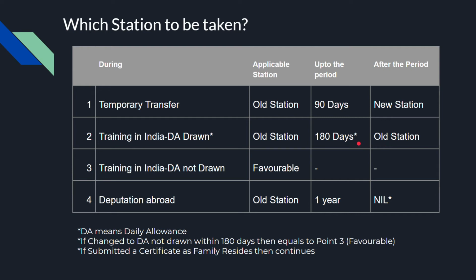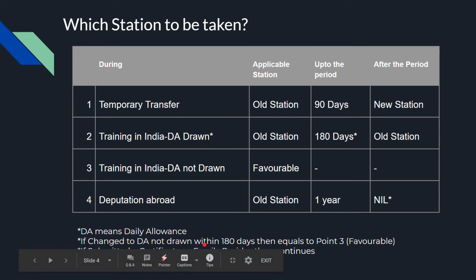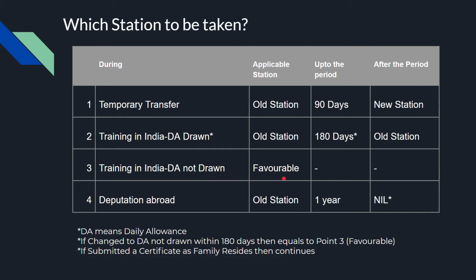But if within 180 days the DA is withdrawn, which means he is not getting DA, then the condition is favorable. Favorable means old station or new station, whichever is favorable to the employee, he can select. Which means whichever is higher, he will get that amount.